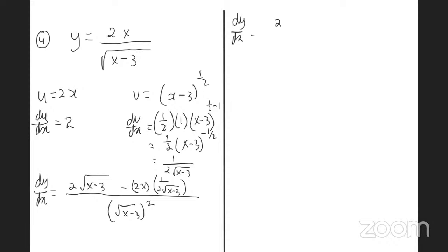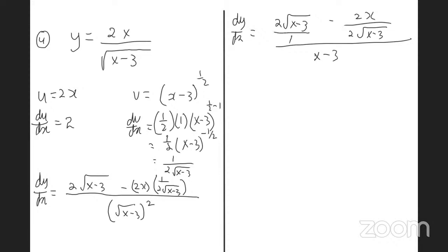The numerator is 2 by the square root of x minus 3, minus 2x over 2, all over x minus 3. How do I simplify that numerator? So the 2's will cancel, right? What can we do?